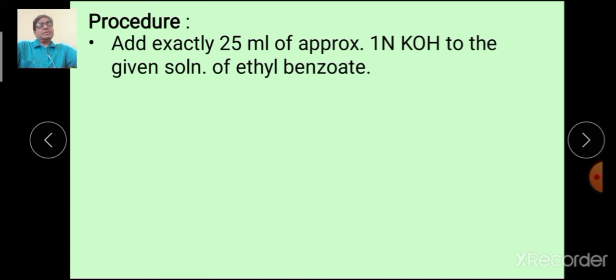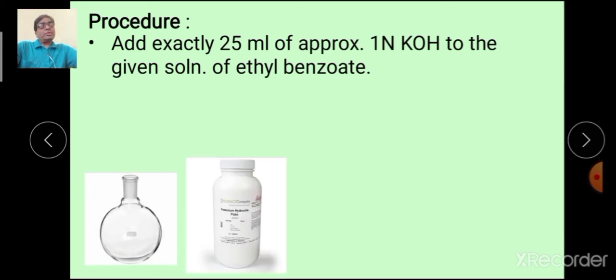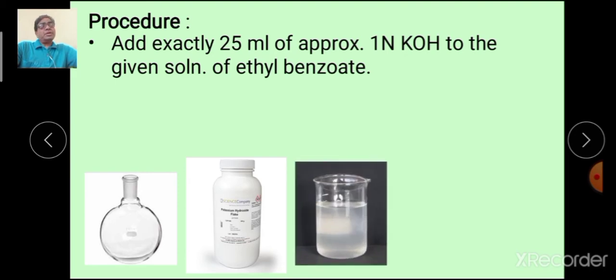Therefore, you have to add the KOH which will react with the ester solution present already in the flask. Okay, this is the flask. This is the potassium hydroxide.